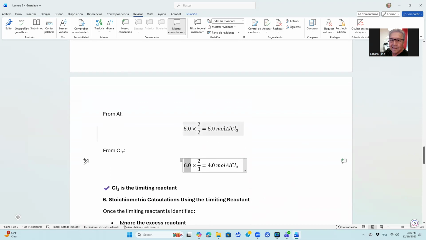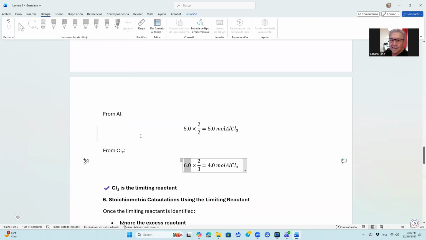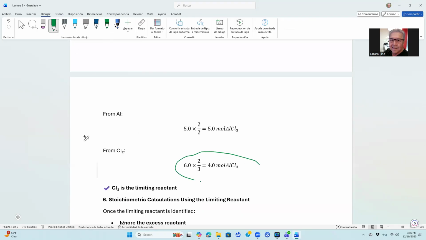Well, compare 5 moles here and 4 moles here. Which one is the smallest? The smallest in this case is this. So this is what we call the theoretical yield.